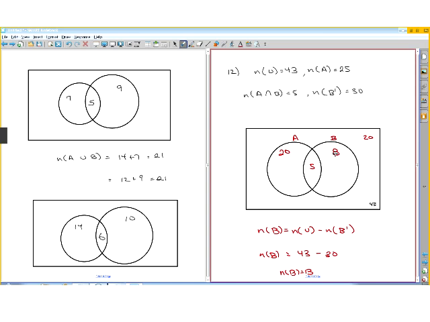So if we add all these things together, 20, 25, 33. Actually, I think I got something wrong here. Let's try this again. 20 plus 8 is 28 minus 5 is 23. So there's going to be 20. I think that's what I just wrote down.